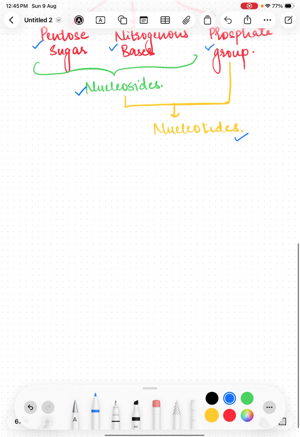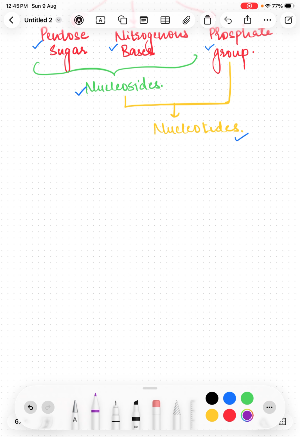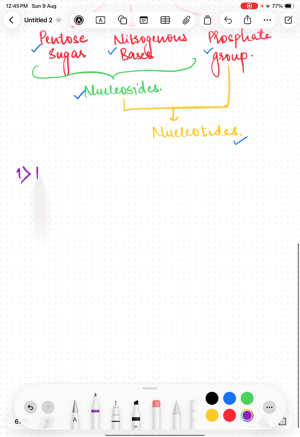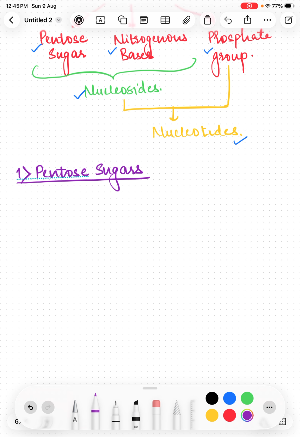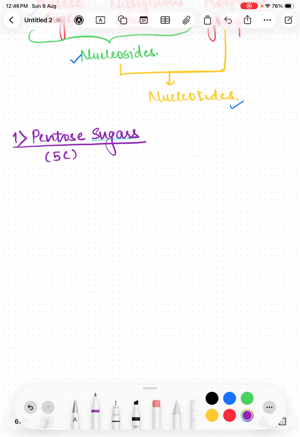So first we will talk about pentose sugars. From the name itself, you will get that pentose, that means any 5 carbon compound. So any 5 carbon sugars are called as pentose sugars.